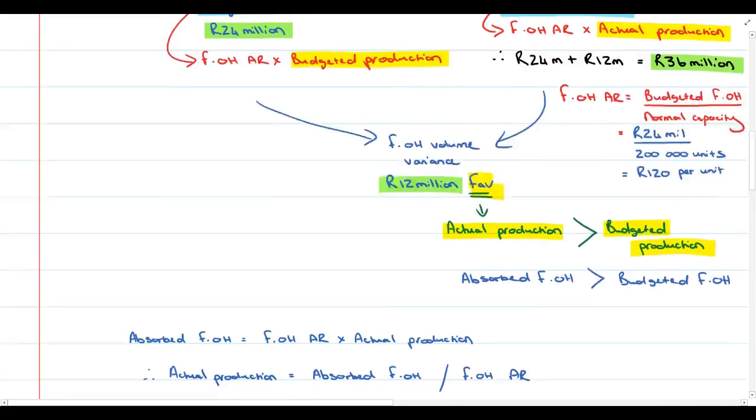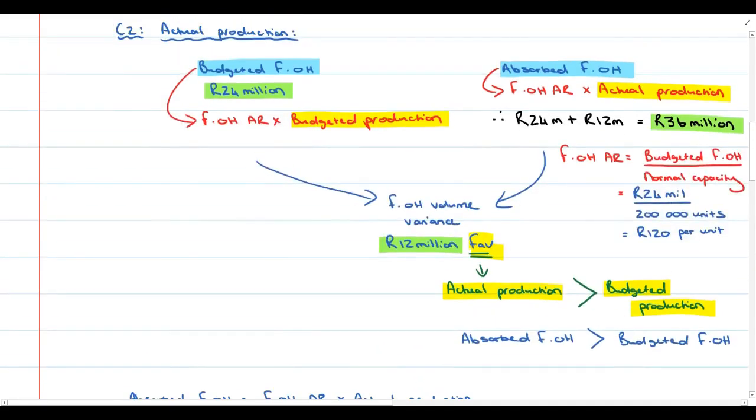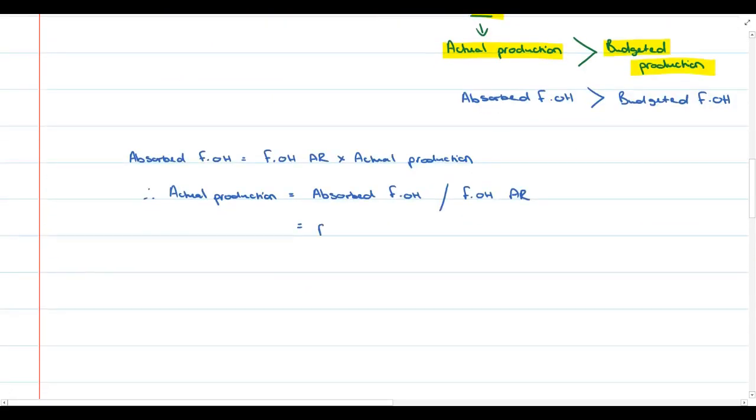So we calculated that the absorbed fixed overhead is 36 million rand. And we also calculated that the fixed overhead allocation rate is 120 Rand per unit. So that's going to give us actual production of 300,000 units.